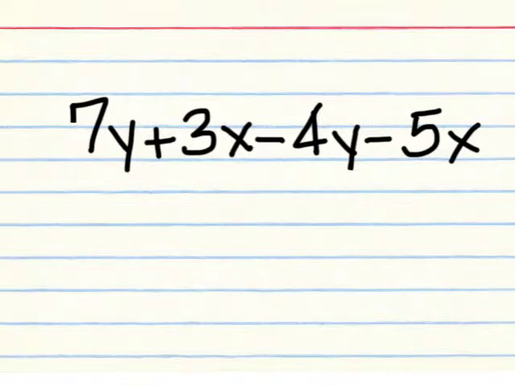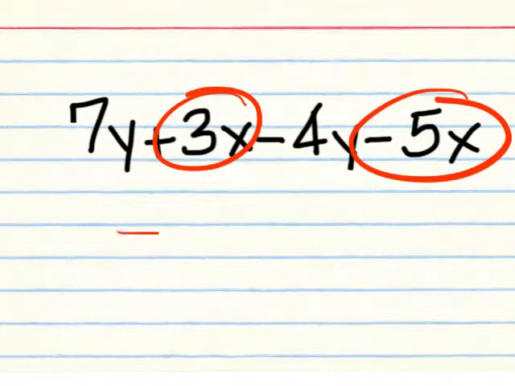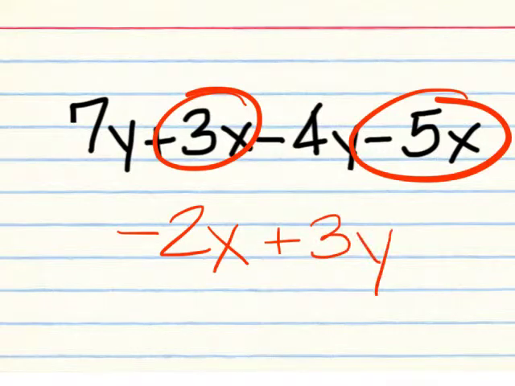If I simplify the x terms only to start with, then what is the end result? If I combine the x's, negative 2x. And what about combining the y's? 3y. Negative 2x plus 3y is the answer.